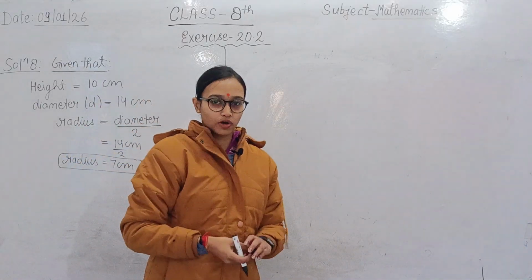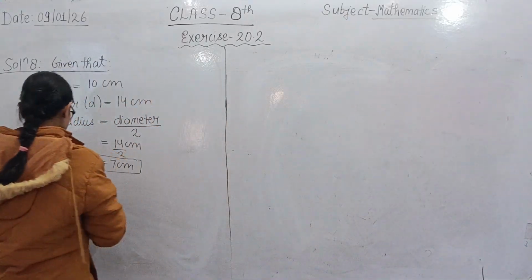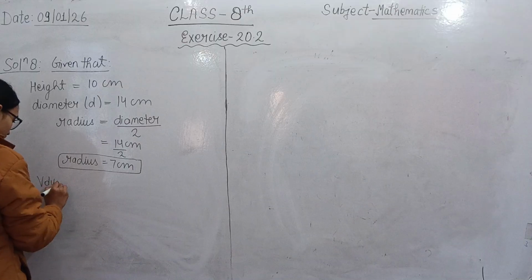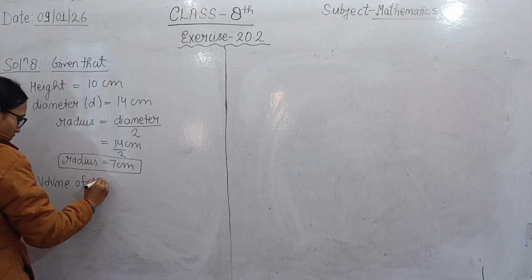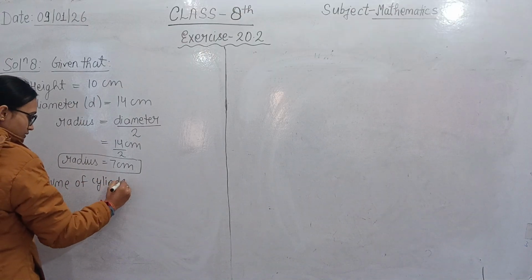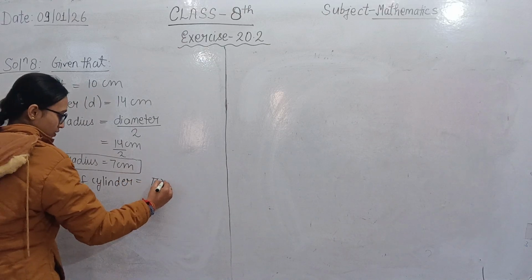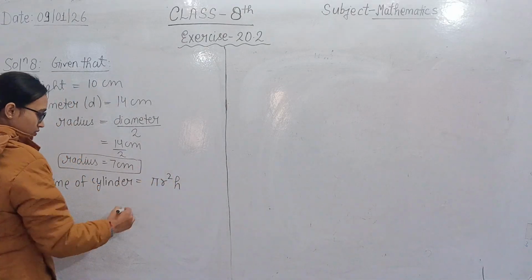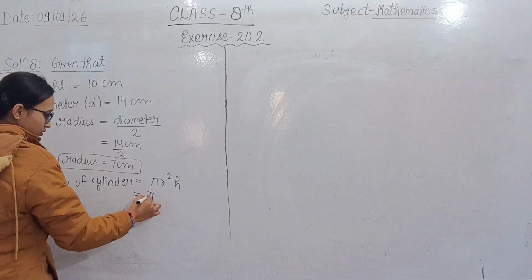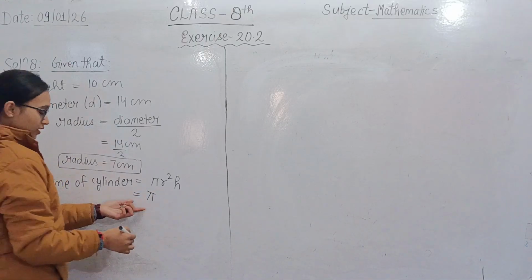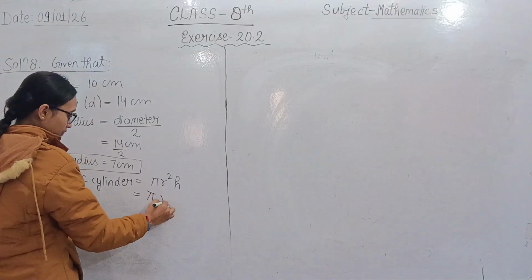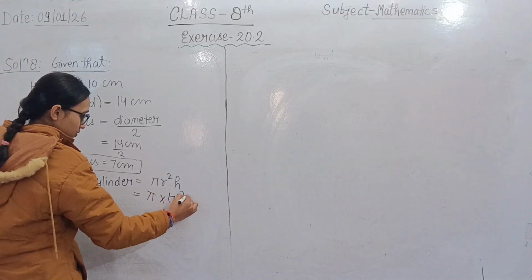Firstly, we will calculate the volume of cylinder, and we know that volume of cylinder is given by pi r square h. Here we will keep pi as pi only. R means radius, and radius we have calculated 7 centimeters, so 7 whole square.